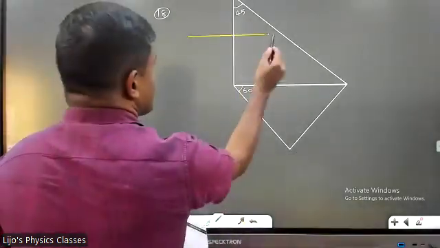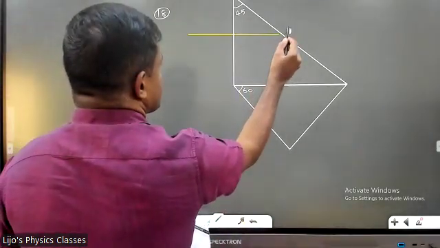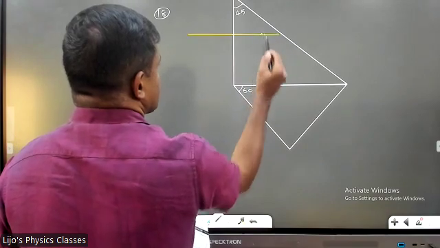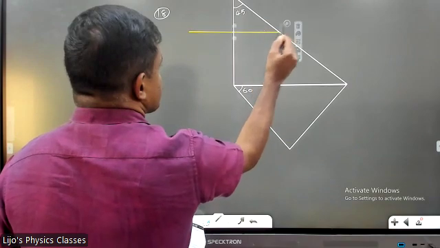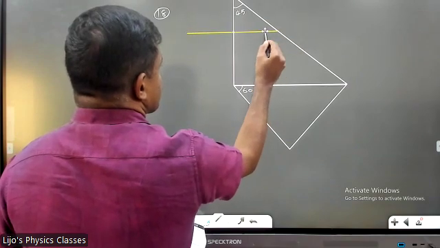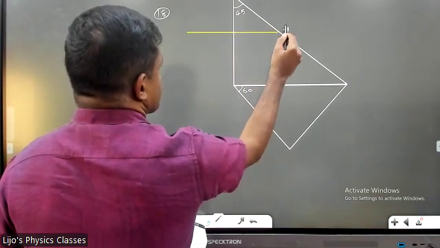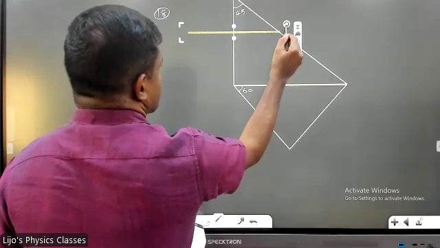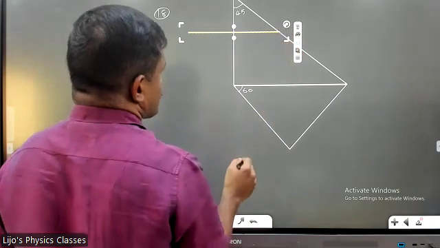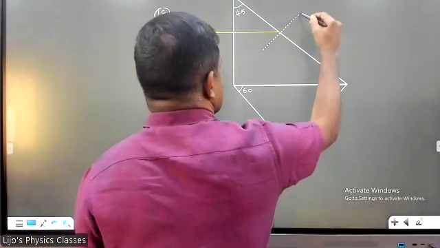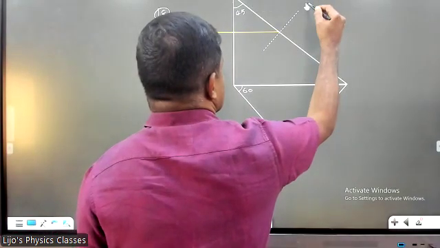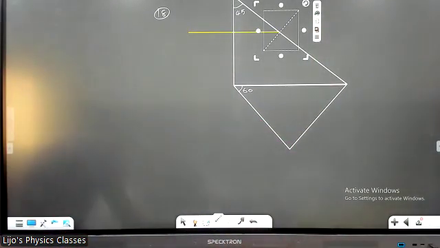So the ray is coming in, the ray is hitting the surface like this. So let's keep it there and draw the normal as well. Okay, I'll come back and do it after the break.